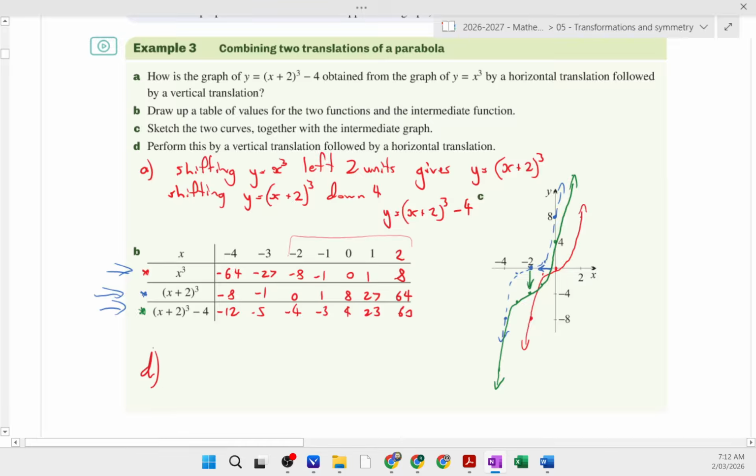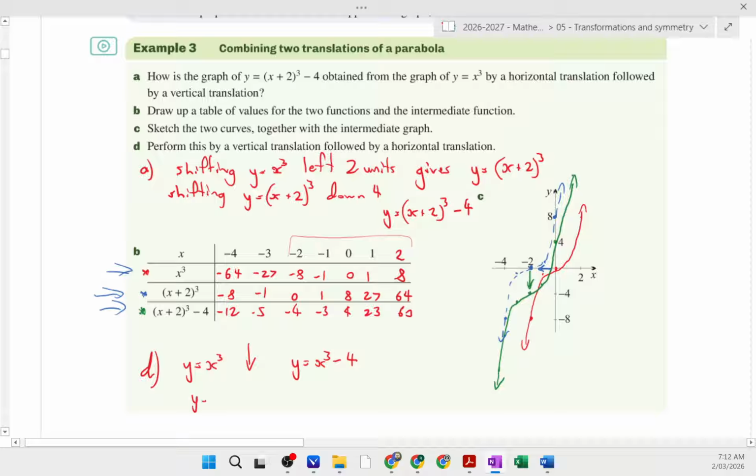Question D, perform this by a vertical translation followed by a horizontal translation. So we're going to start at y equals x cubed and move it down 4, which would be y equals x cubed minus 4. Then we want to move it to the left.